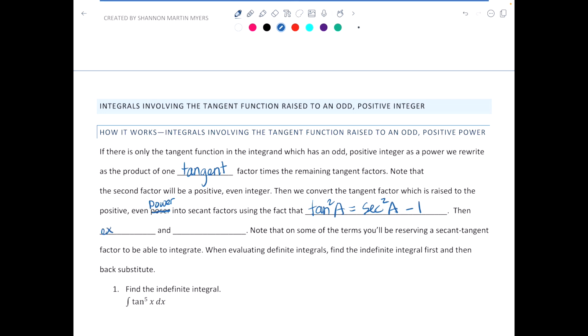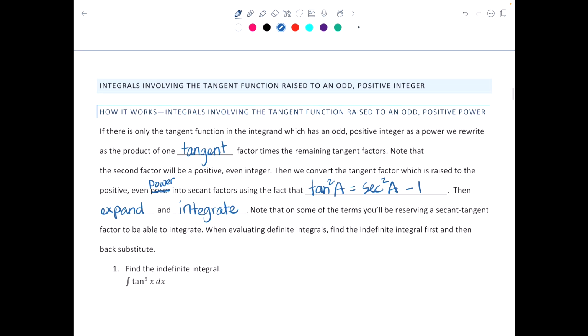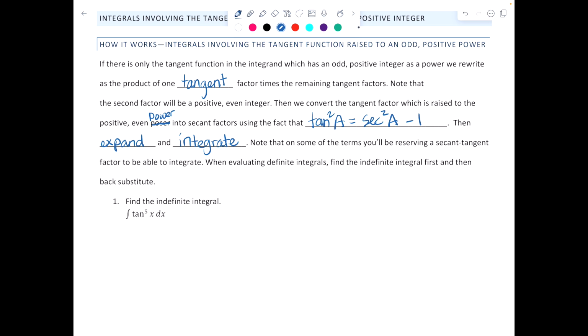And then expand and integrate. Note that on some of the terms you'll be reserving a secant tangent factor to be able to integrate. And then again, if you're evaluating a definite integral, you can find the indefinite integral first and then back substitute. So here we go.